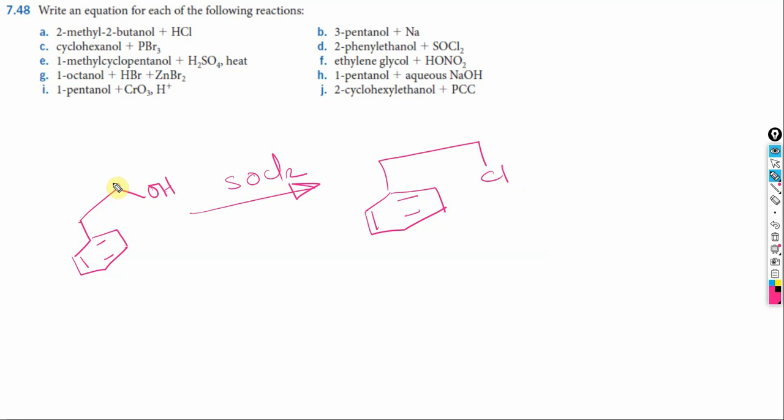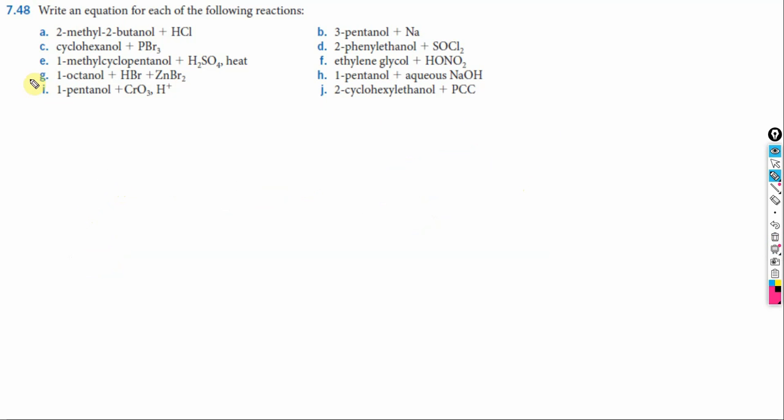So wherever you have your OH, you're going to get the chlorine on that position. That is that. And here we have 1-methylcyclopentanol. So we have a cyclopentanol, and on the first carbon we also have a CH3.